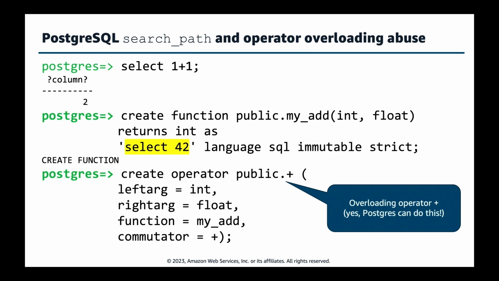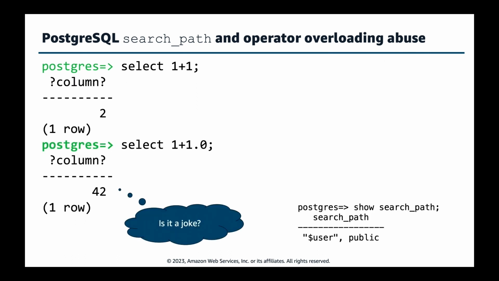This operator will always return 42, because it's actually the answer. So I overloaded my operator, and see what happens. If I do select 1 plus 1, it will give me the right answer. But if I do select 1 plus 1.0, it will give me 42.